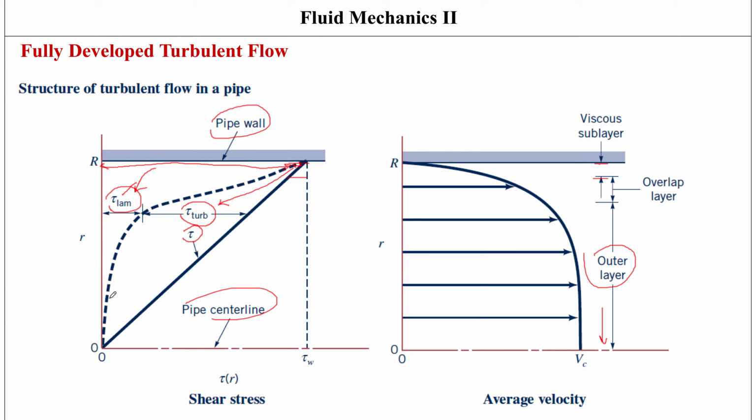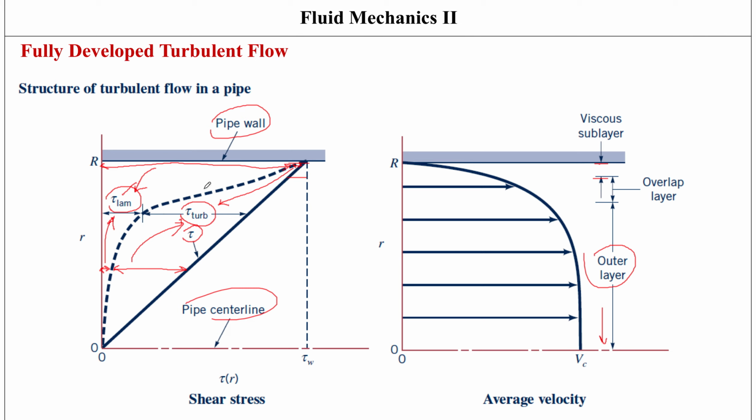Well, let's say you move somewhere here, this entire thing is the turbulent part of your shear stress, and this small detail here is going to be your laminar shear stress. Okay, so as you move away from the wall, the turbulent shear stress becomes more important. As you move closer to the wall, the laminar shear stress is more dominant.